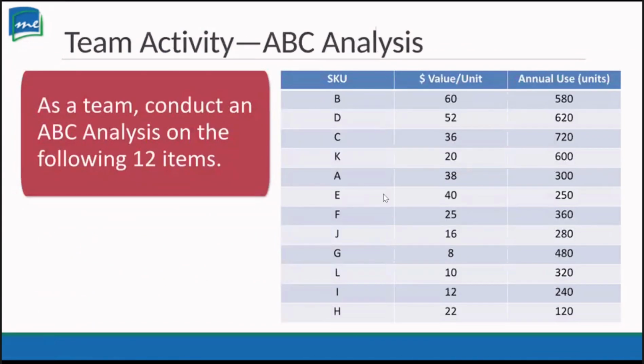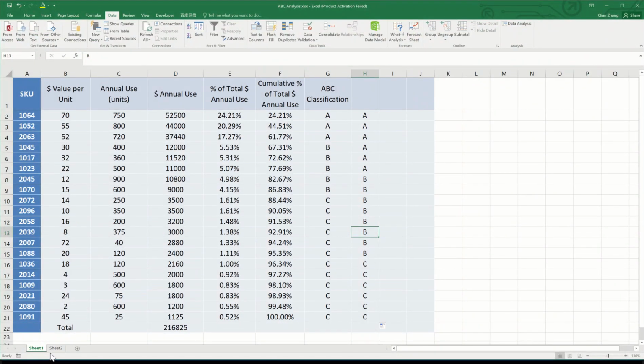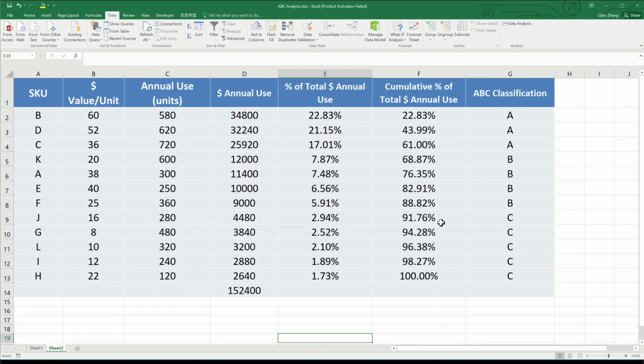So this is the problem of the team activity, and I have already provided you the result in this same Excel file, in sheet 2. And this Excel file you can find under module chapter 13. So this is the result we have. So this is about the ABC analysis.